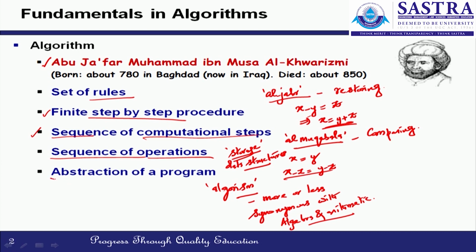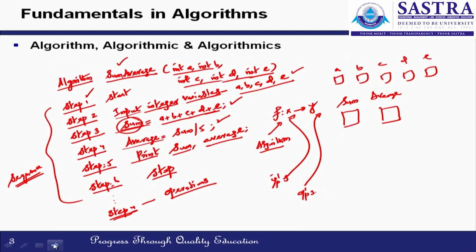Finally, an algorithm is defined as an abstraction of a program. Abstraction, that is the simplification of a program. An algorithm is defined as the simplification of a program. Assume that we would like to write a program in C language to find the sum and average of 5 numbers.